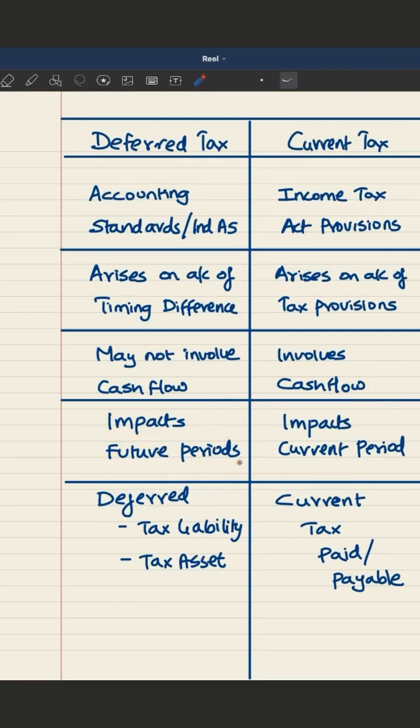Yes, the deferred tax liability created in the current year will get reversed in the future. Similarly, deferred tax asset that is created in the current year will get adjusted in the future. So it will impact the future period, whereas current tax will have impact on the current period only. And in deferred tax, we have subclassification as deferred tax liability and deferred tax asset. Under current tax, what we have is only current tax paid or payable. So that's about the difference between deferred tax and current tax.